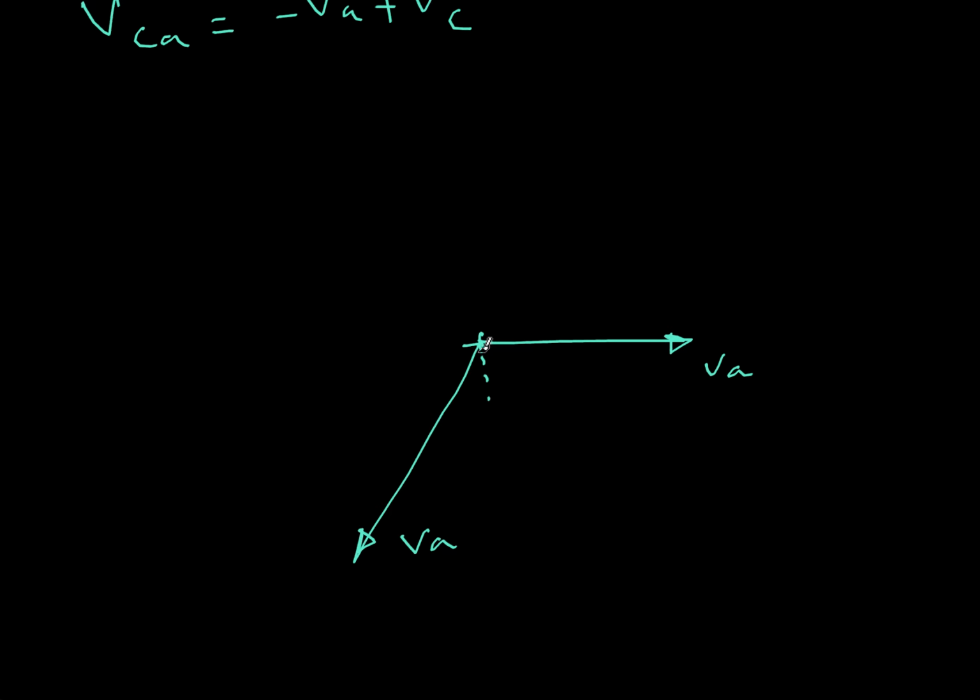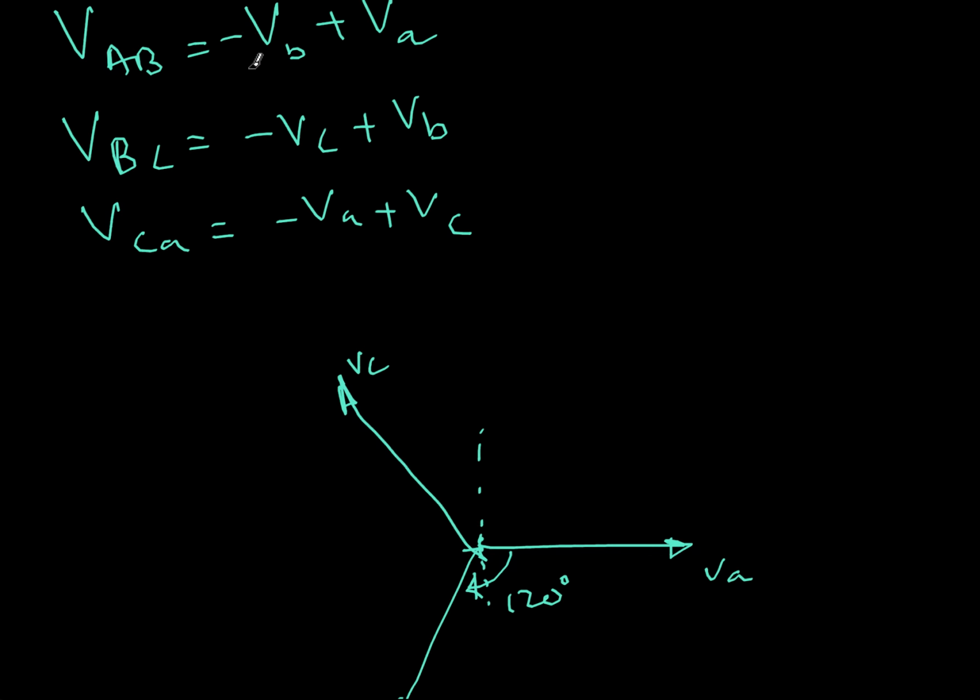The length will be the same, though it might appear slightly longer, and this angle is 120 degrees. Because I am going in the clockwise direction, it's a negative angle. Similarly, 120 degrees further away from this, I'll get this. This is VC.